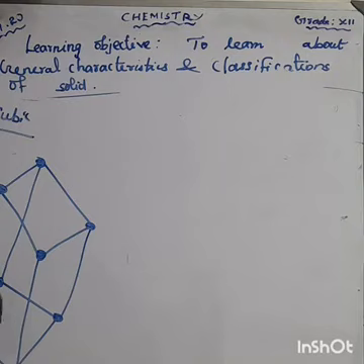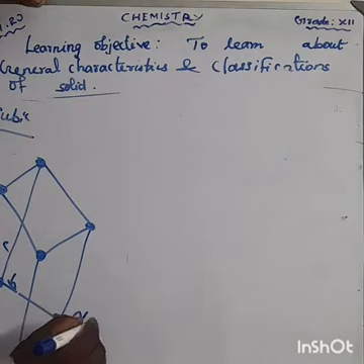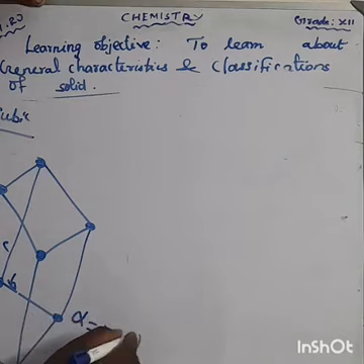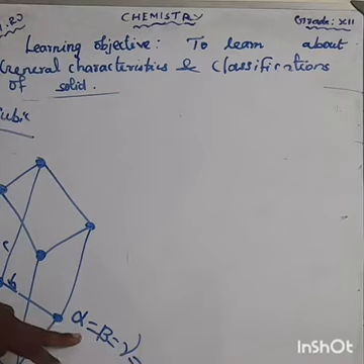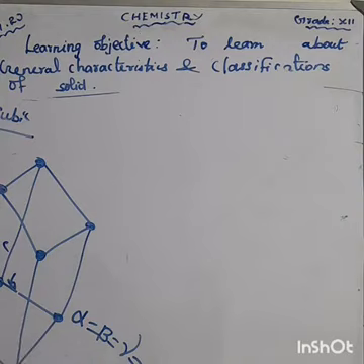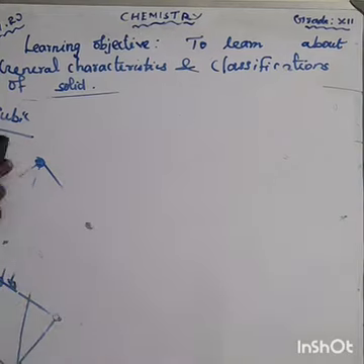Here a, b, c: a is equal to b, b is equal to c. And alpha, beta and gamma: alpha is equal to beta is equal to gamma, so we can say 90 degrees.